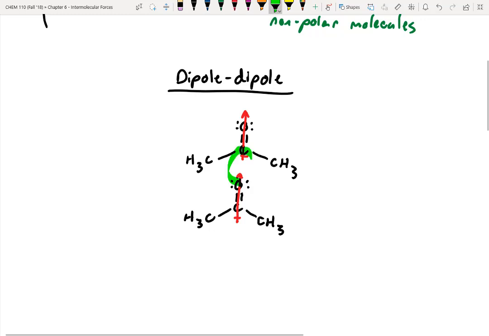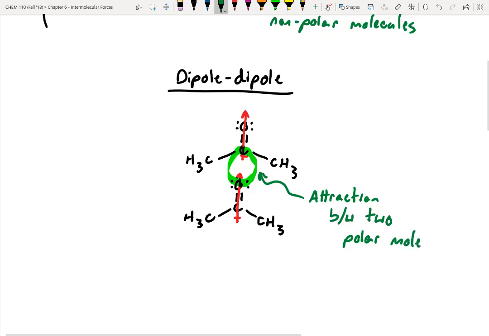So just like before, we've got this interaction here between the partial positive end of one molecule and the partial negative end of another molecule. So this is a much stronger interaction than your typical dispersion force.